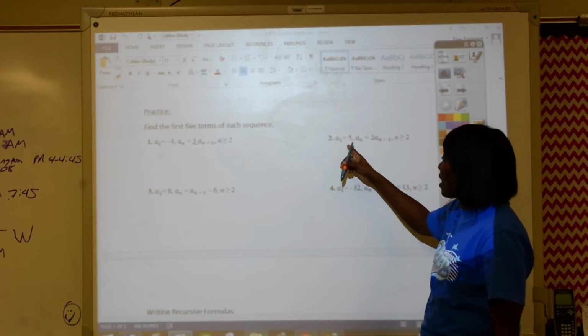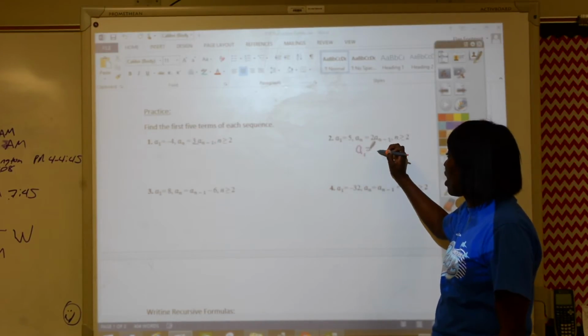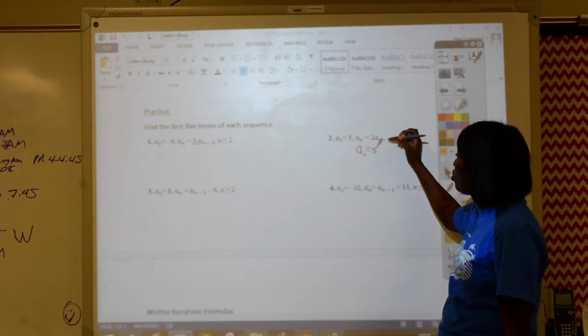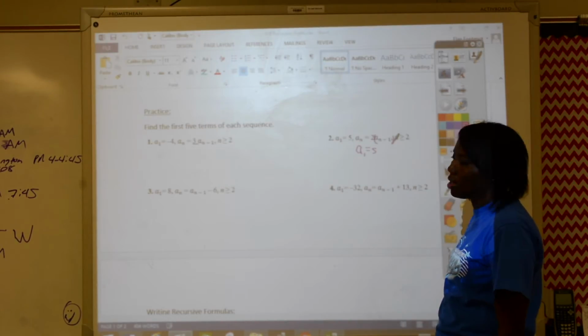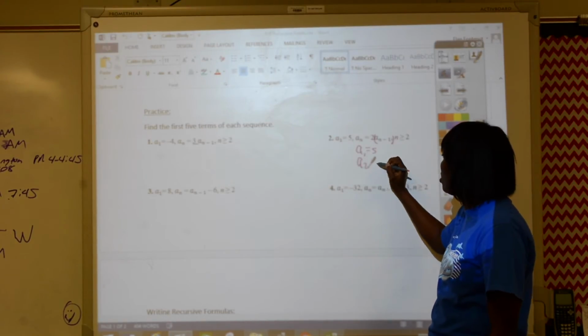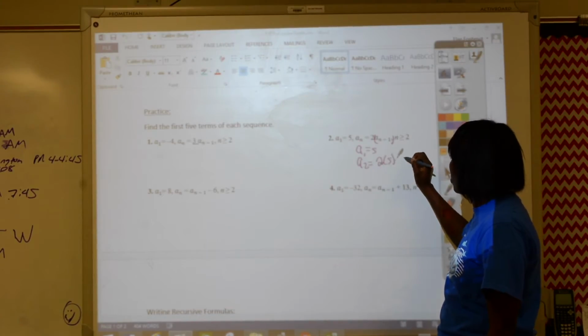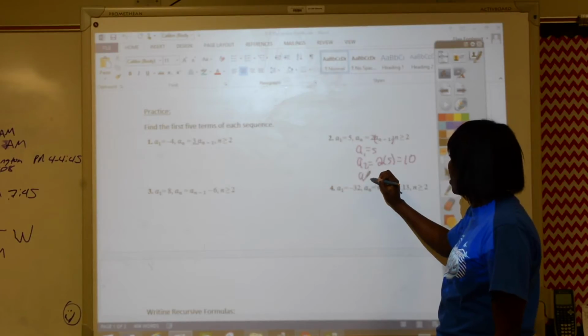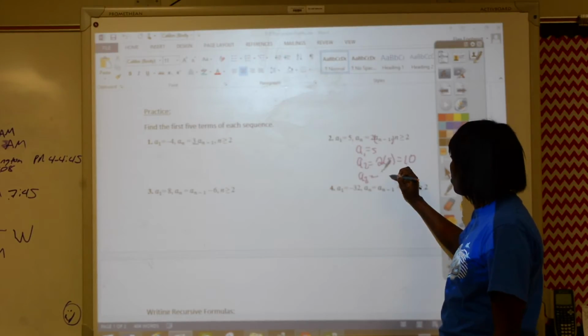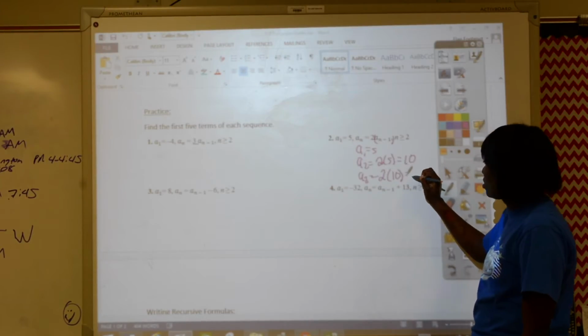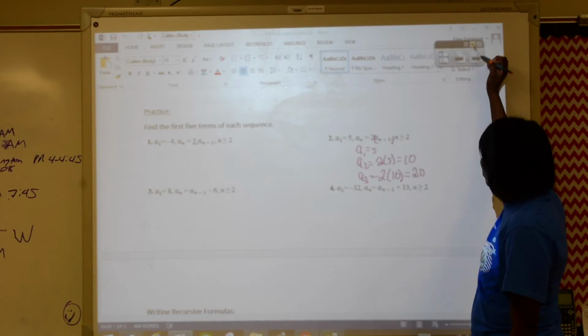So this one says a sub 1, our first term, is 5, and it wants us to do 2 times the term. So a sub 2 is going to be 2 times 5, which is 10. A sub 3 is our previous term times 2. 10 times 2 is 20.